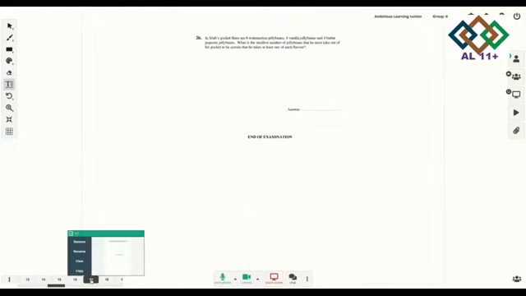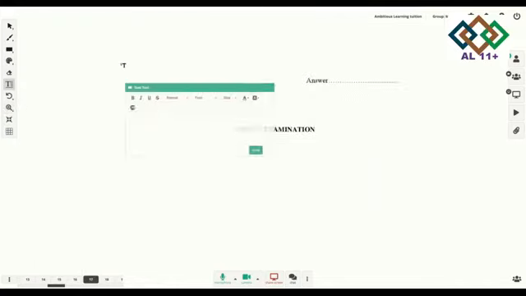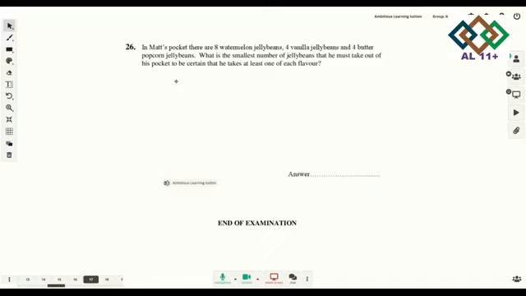And let's see, there's one last one and then we are done with the paper. Let me just show you the question for the last one. Maths pocket. There are 8 watermelon jelly beans, 4 vanilla jelly beans, and 4 butter popcorn jelly beans. What is the smallest number of jelly beans that he can take out of his pocket to be certain that he takes at least one?